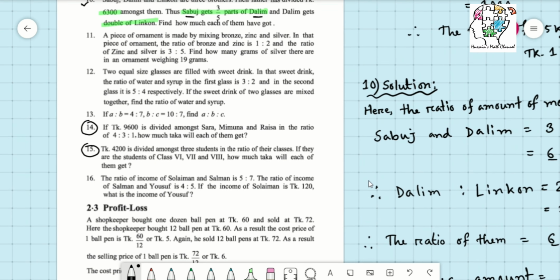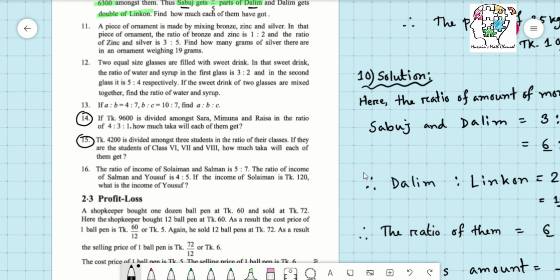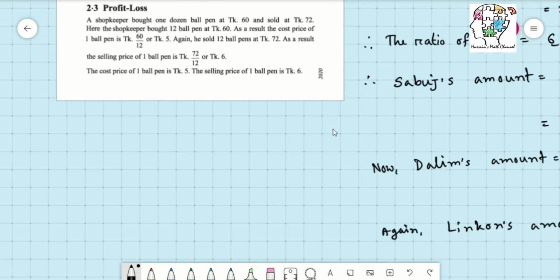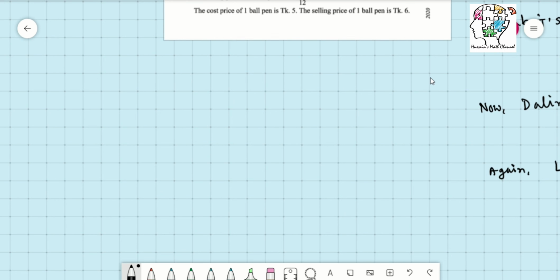In this way, I hope you can also solve question number 11. Now it's time to give you some homework. So HW for today's class.